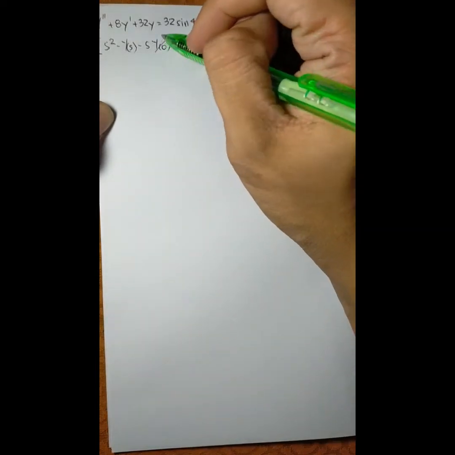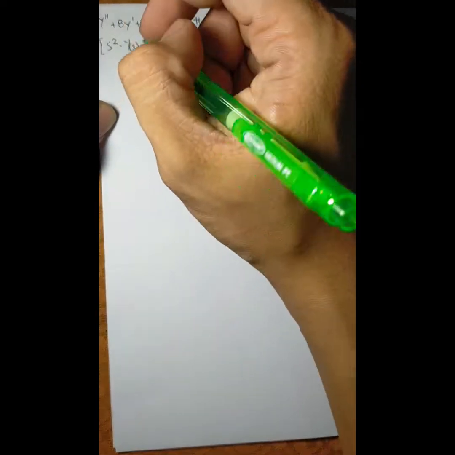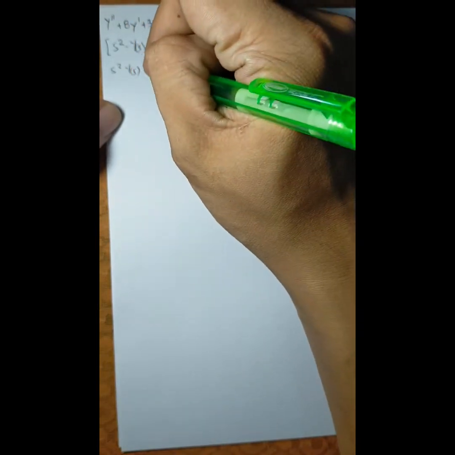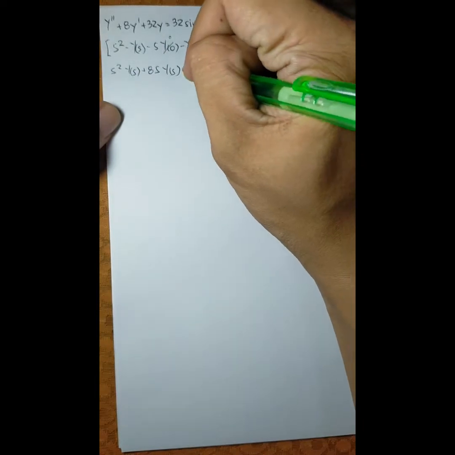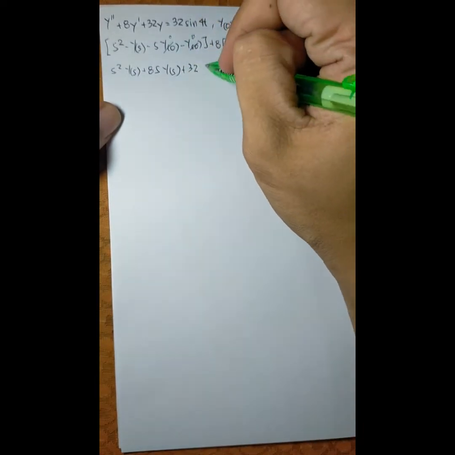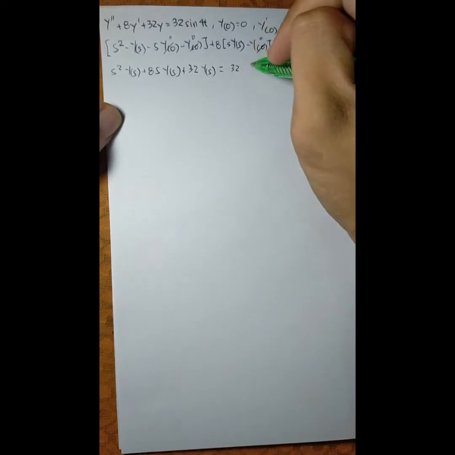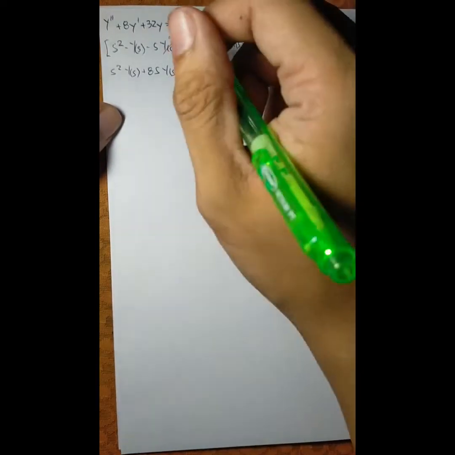And this is equal to 0. So to rewrite this, we have s squared y sub s plus 8s y sub s plus 32y sub s equals 32 times 4 over s squared plus 16.